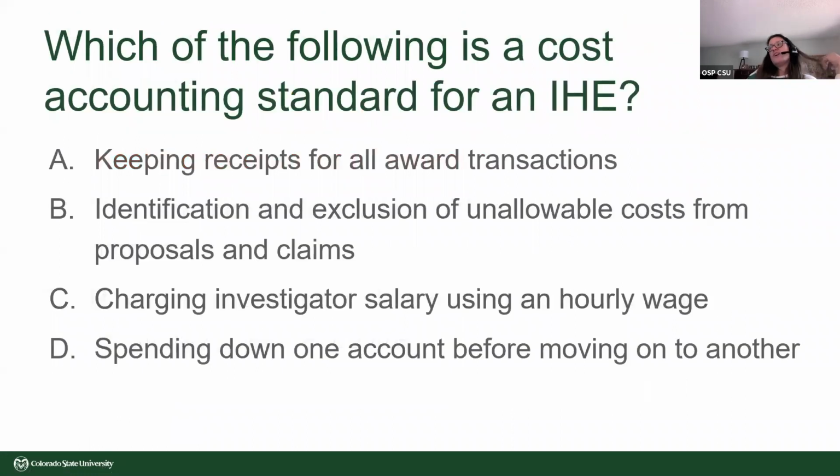Which of the following is a cost accounting standard for an institute of higher education? Keeping our receipts, identifying and excluding unallowable cost, charging investigator salary as an hourly wage, or spending down one account before moving to another. Okay, I see lots of B's. B is the correct answer.